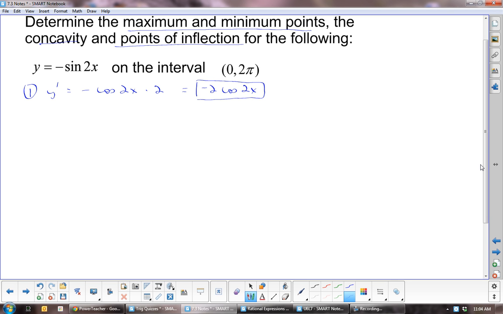Now the way we find max and mins, what have we always done? Yeah, how do you find them? Set it to 0. Okay, so then I divide by negative 2, and I get 0 equals cos 2x.